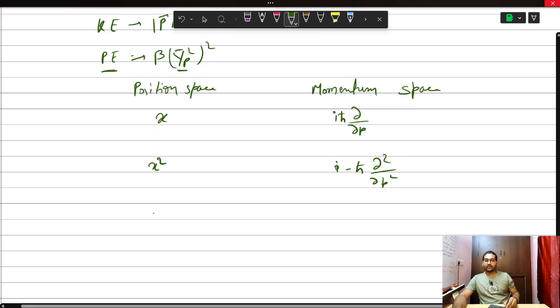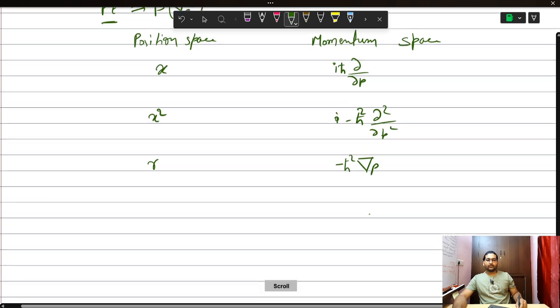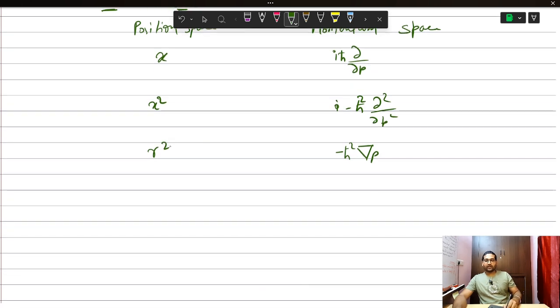And what would the position be in terms of r? It has components x, y and z. So it will be minus h cut squared del squared. This can be written in terms of del p. Now this is r squared.